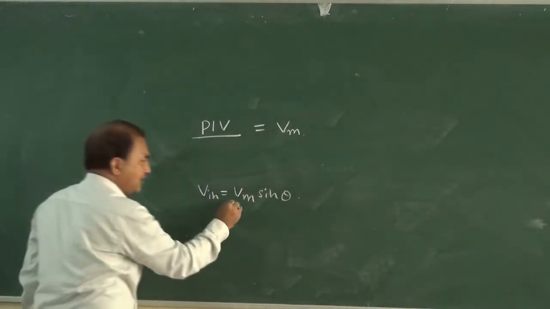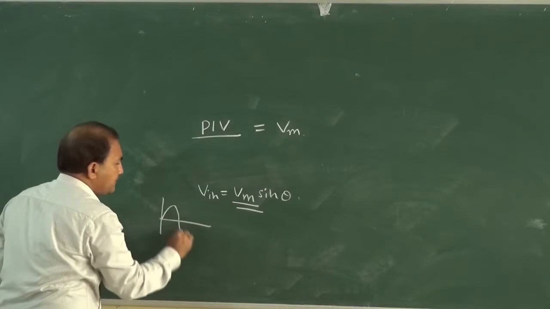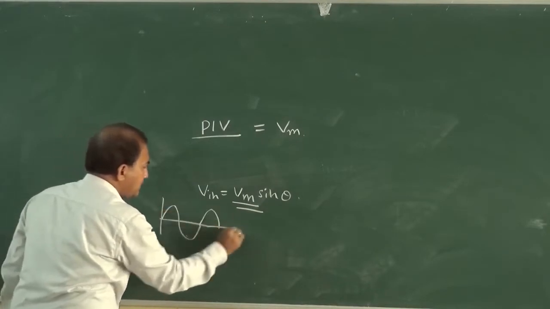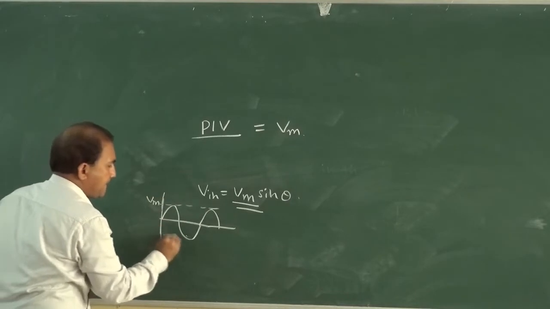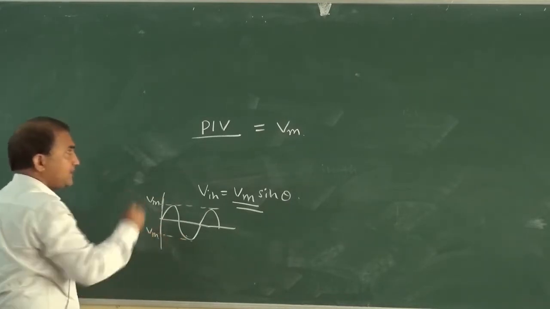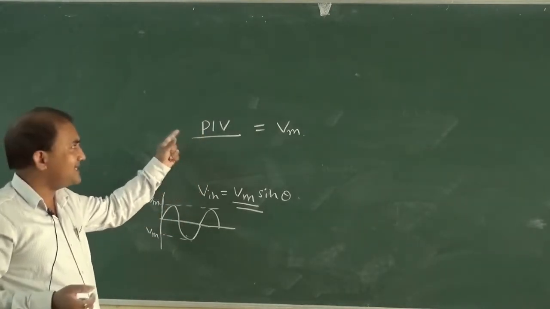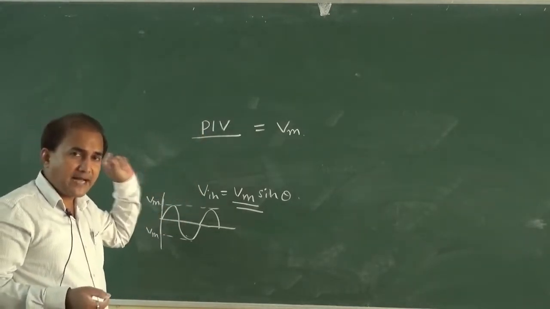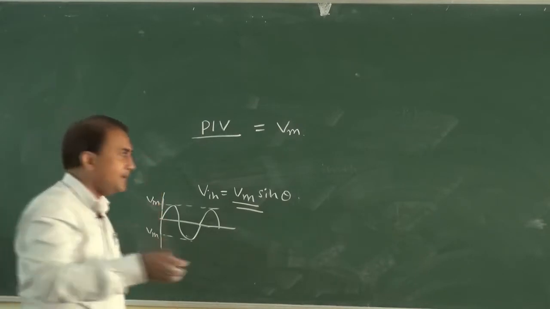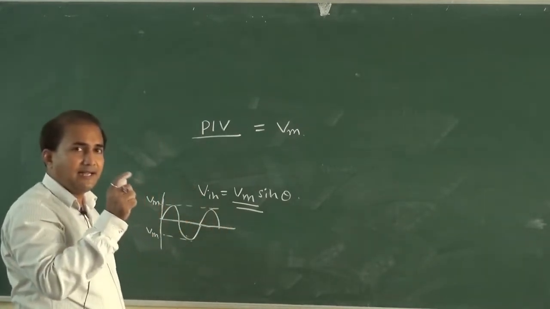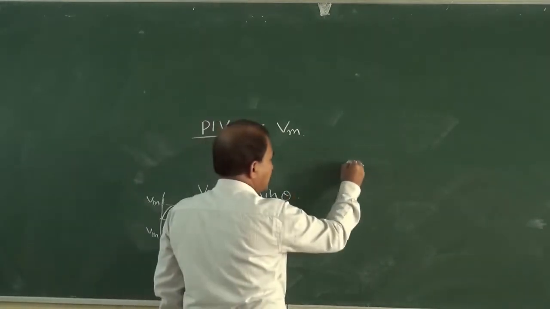We have just seen, Vm is the peak amplitude of the input signal. What does this peak inverse voltage mean? What does this signify? This is the maximum voltage that can be tolerated by a PN junction diode in reverse bias condition.